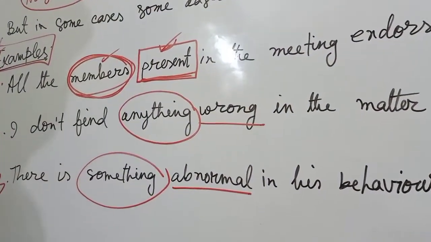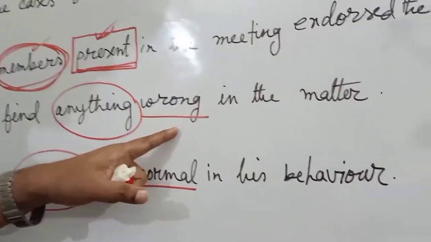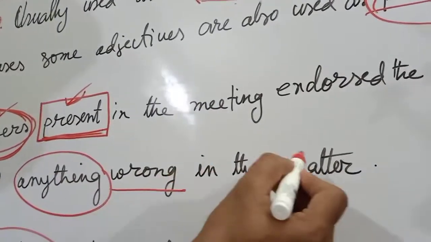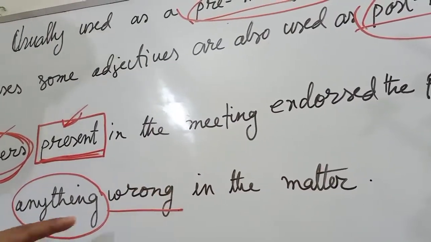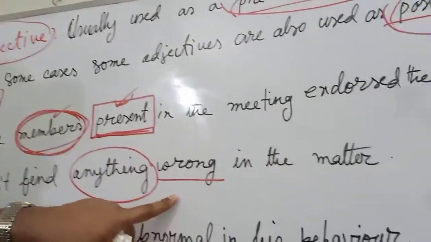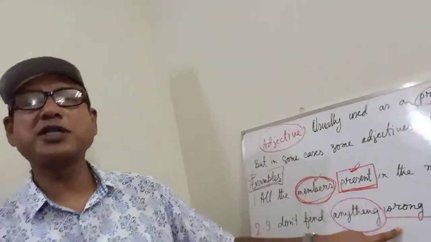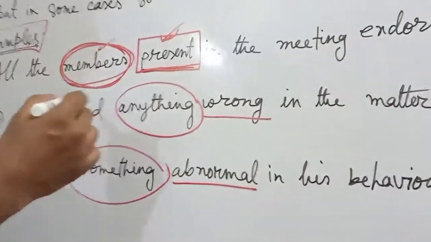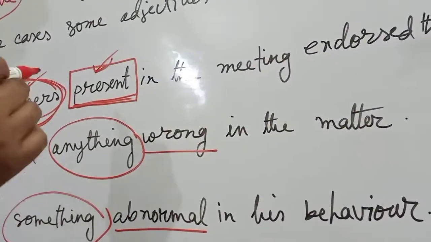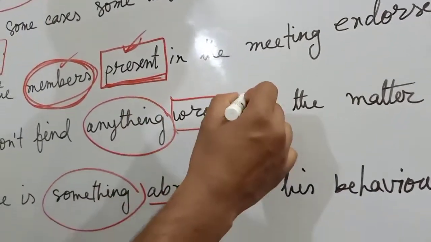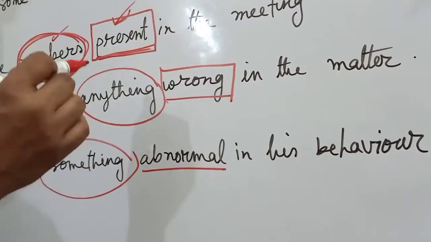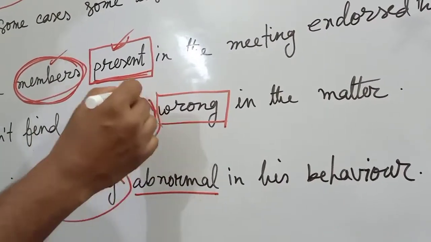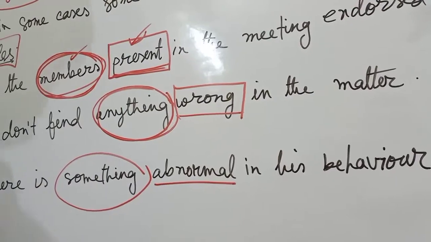In the second example, we don't find anything wrong in the matter. Usually, wrong is used as a pre-modifier, like wrong information, wrong thing, wrong idea. But here, in this sentence, "I don't find anything wrong," this wrong is an adjective placed after the word anything and used as a post modifier.